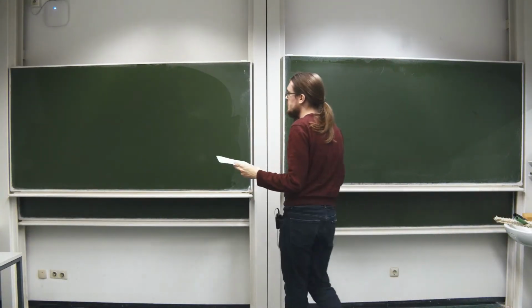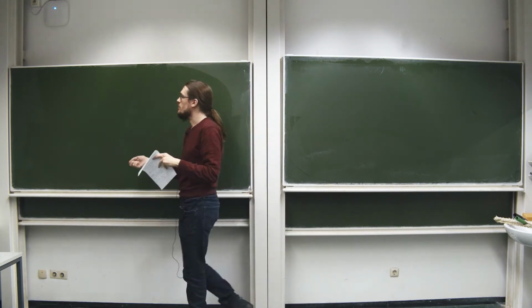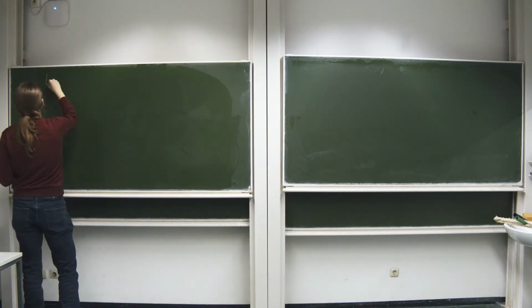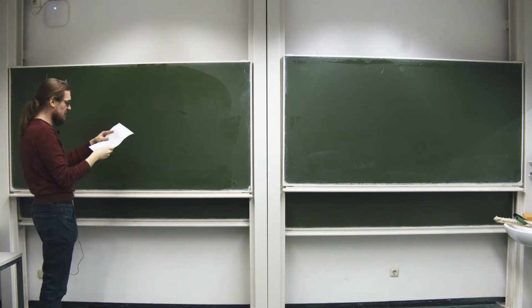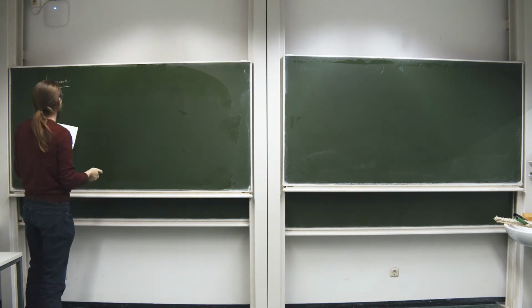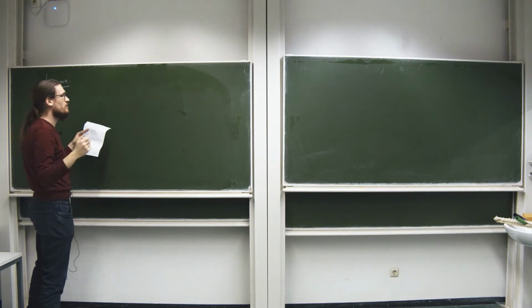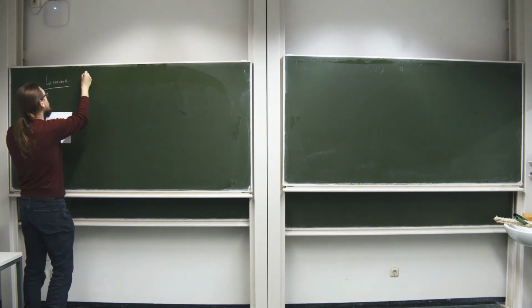So how well behaved is this category of spectra actually? For example, how do limits and colimits look like? Right, we know that spaces have all kinds of limits and colimits. What about spectra?